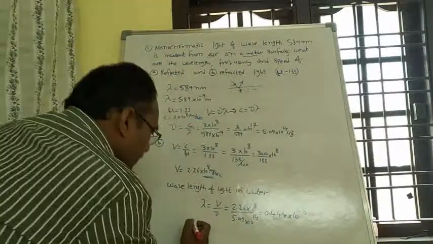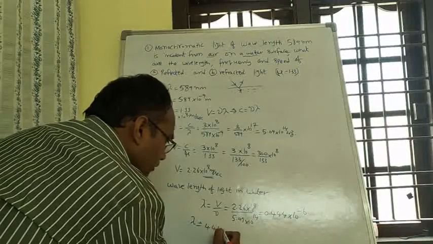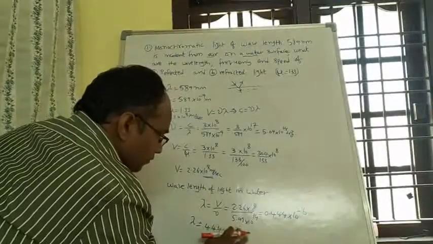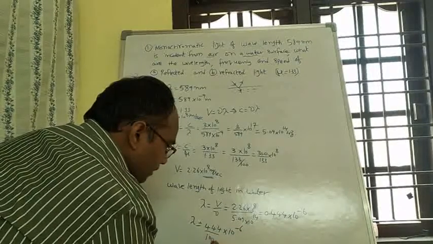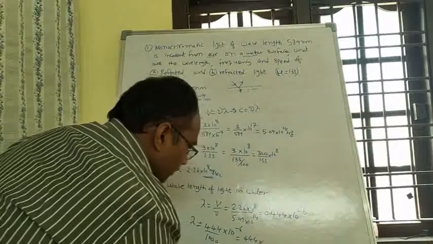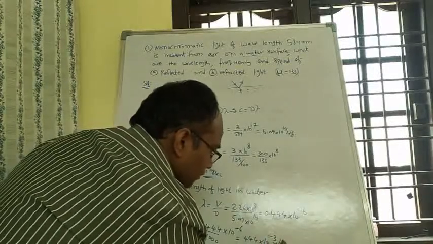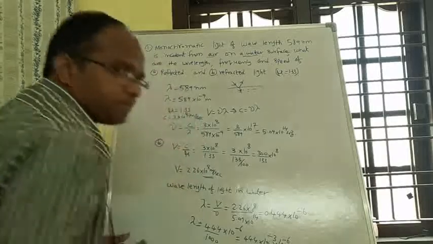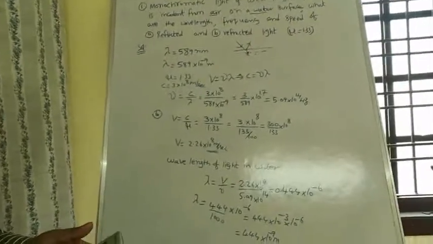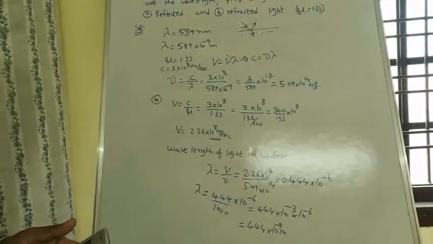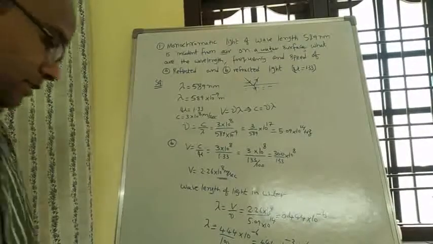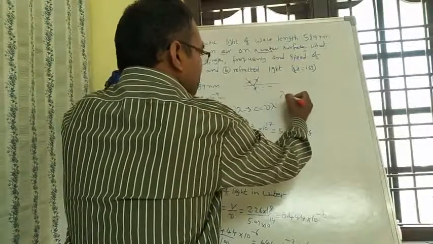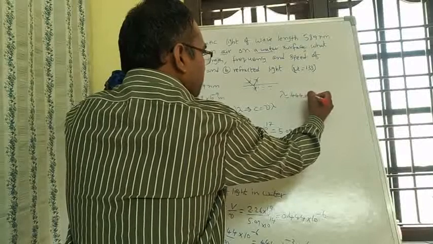Written otherwise, that is 444 divided by 1000 into 10 to the power of minus 6, which is 444 into 10 to the power of minus 9 meter.